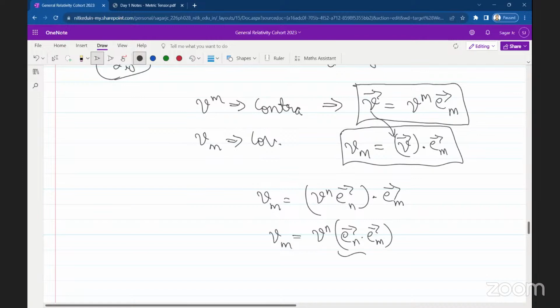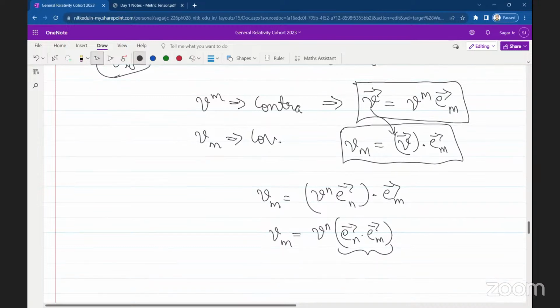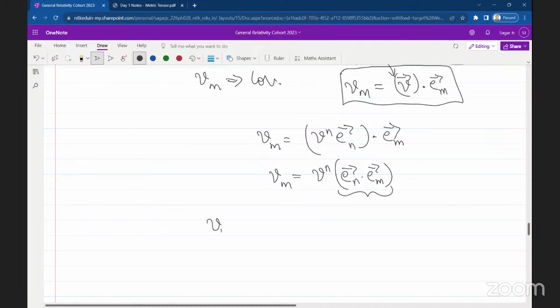So what is this? It is g_nm, the metric tensor. Yes, it has to be g_mn. So I can write V_m is equal to V^n g_nm.